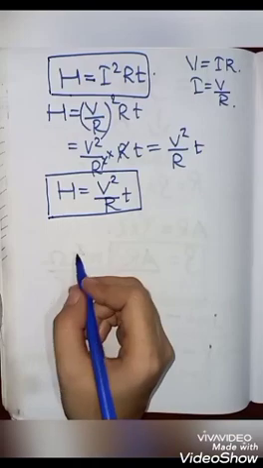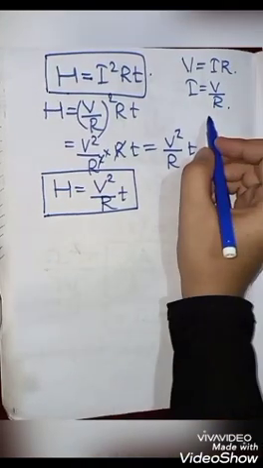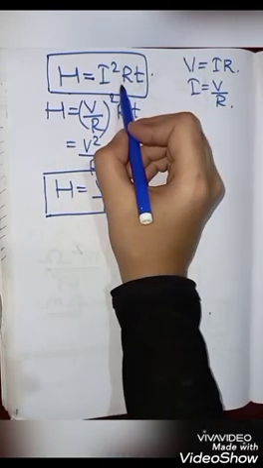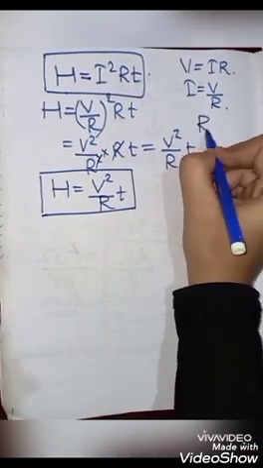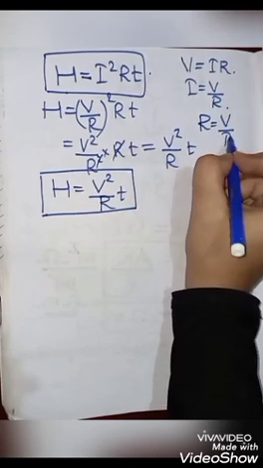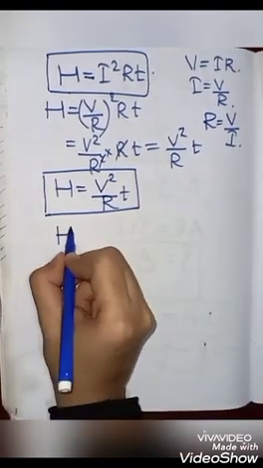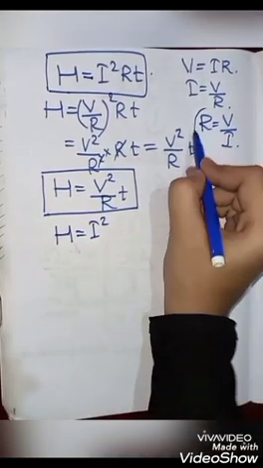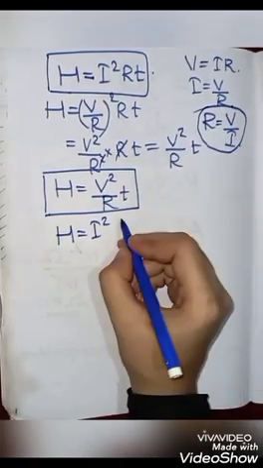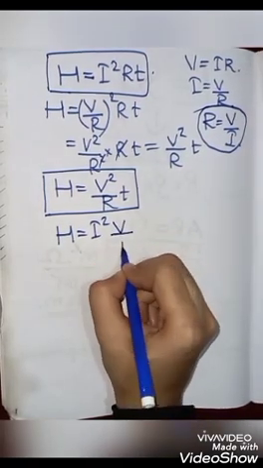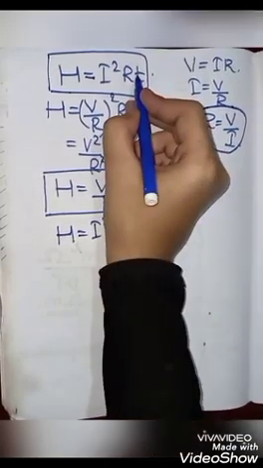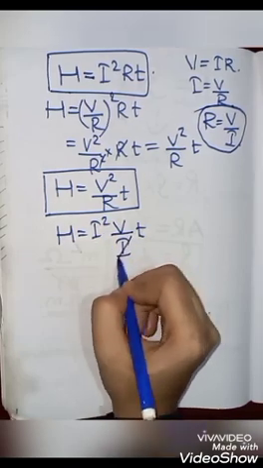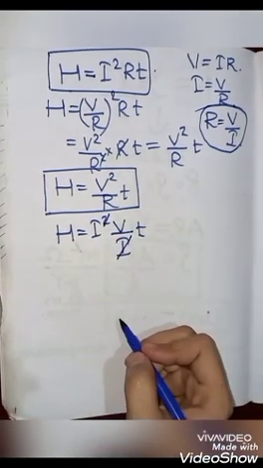First we substituted for current, then we can substitute for resistance. Then R is equal to V by I. That is, H is equal to I square into R into T. In the place of R, we can write this value, that is V by I, into T. Then one I gets cancelled.